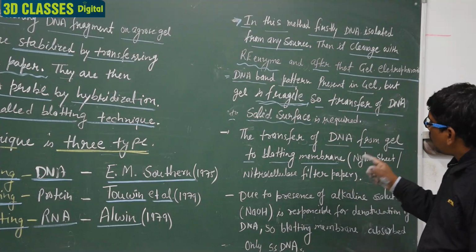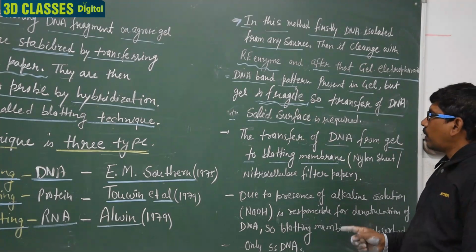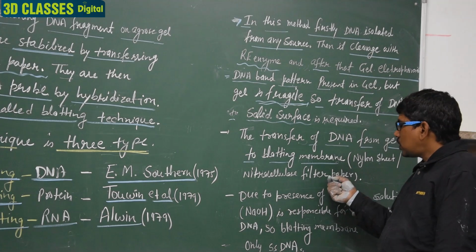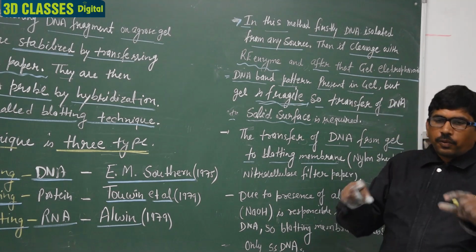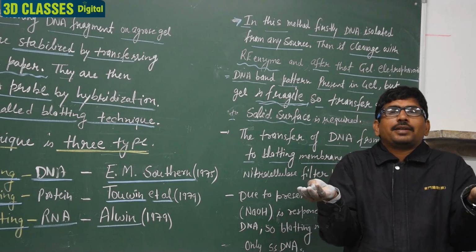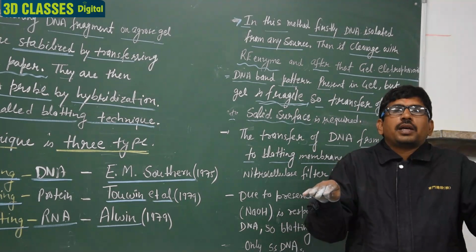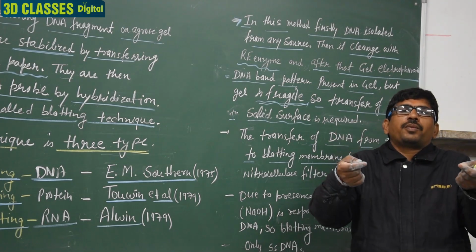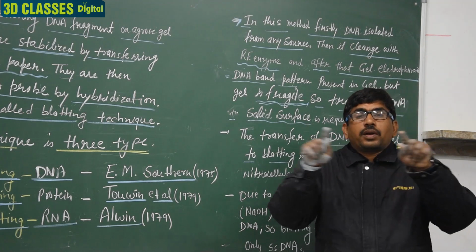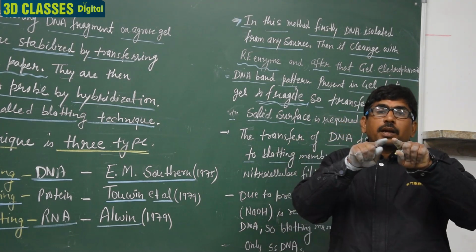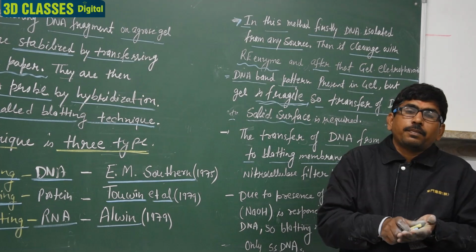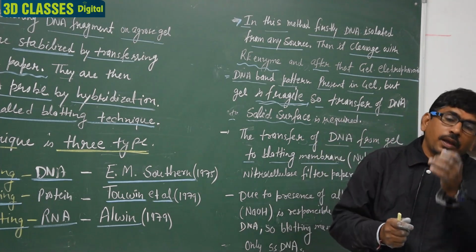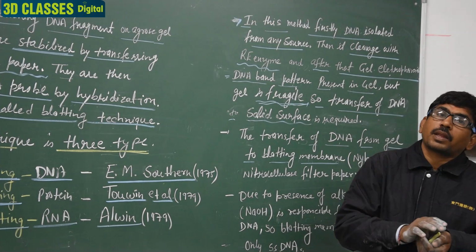For this transfer procedure, we take a glass sheet, and the gel on it. Then on top of it we place the nitrocellulose paper or nylon sheet. So first there is a glass sheet, on it the gel, and then on top we put the nylon sheet paper. Clear?